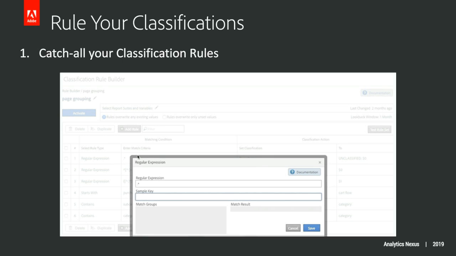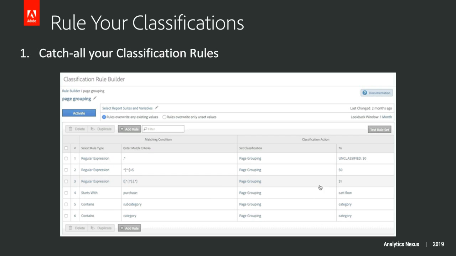You can then take those pages and dynamically apply classifications to them on the fly so that you don't have to manually every single day or every single week or every single month download the list of classification variables and dimensional items that haven't been classified, apply a classification, and then re-upload those back in through FTP or through the browser. Instead, you can do all of that right here using the classification rule builder, which speeds through your ability to dynamically apply classifications.